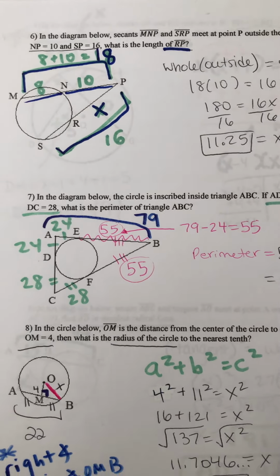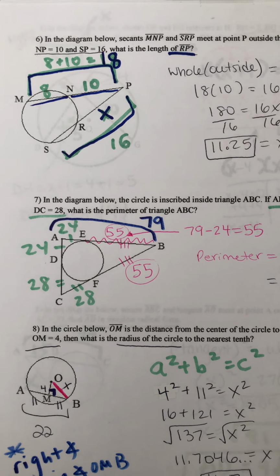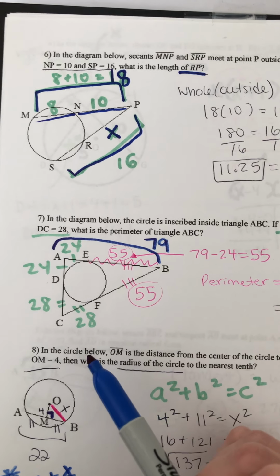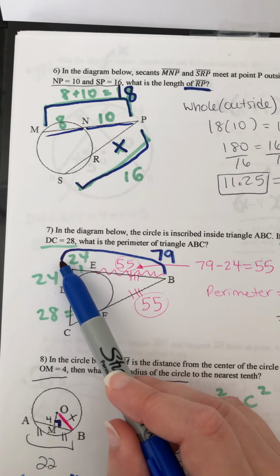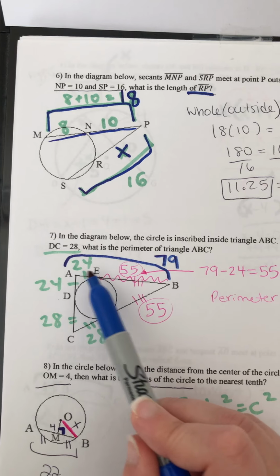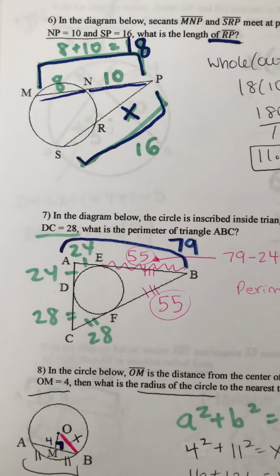On number 7, this is the example where the tangents that touch outside a circle are equal in length. We started off with 24, but both tangents here are 24. AB was a whole 79. It gave us the entire side of the triangle with 24 and this unknown tangent together totaling 79.